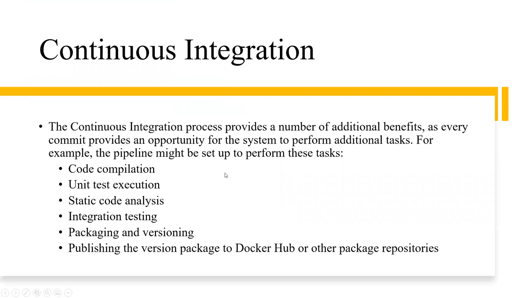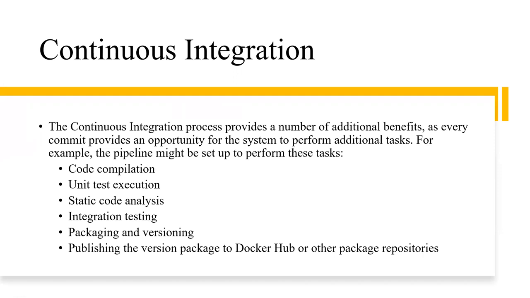The continuous integration process provides a number of additional benefits, as every commit provides an opportunity for the system to perform additional tasks. For example, the pipeline might be set to perform these tasks: code compilation, unit test execution, static code analysis, integration testing, packaging and versioning, publishing the version package to Docker Hub or other package repositories.